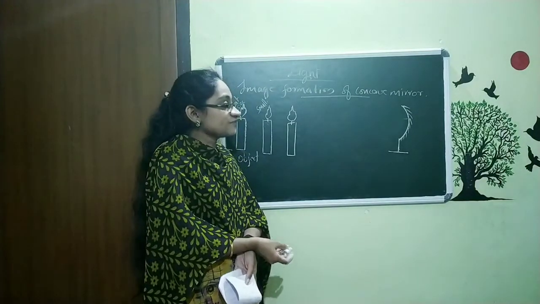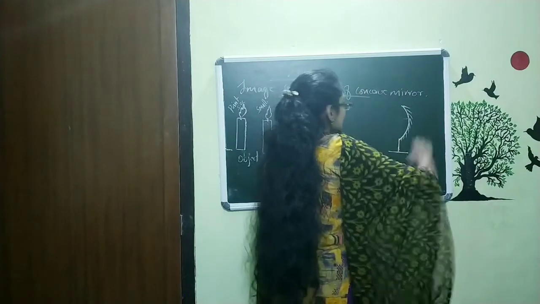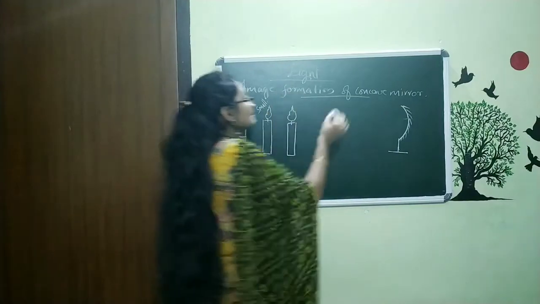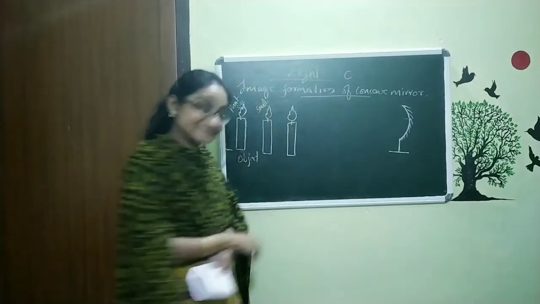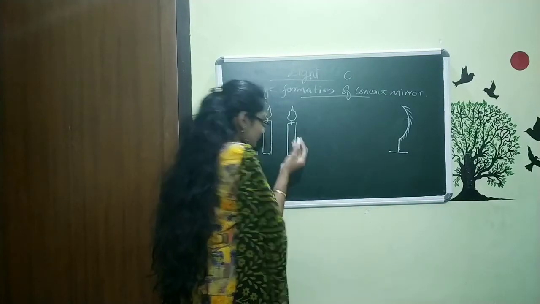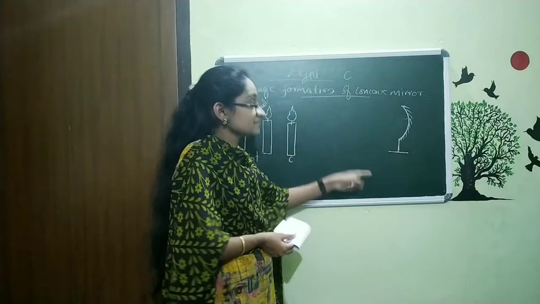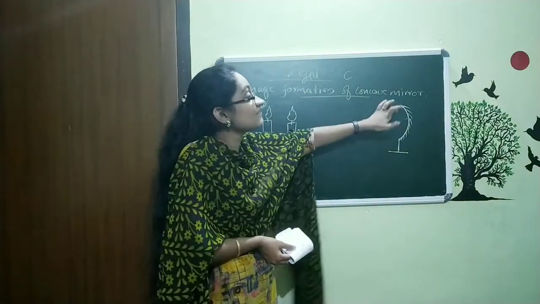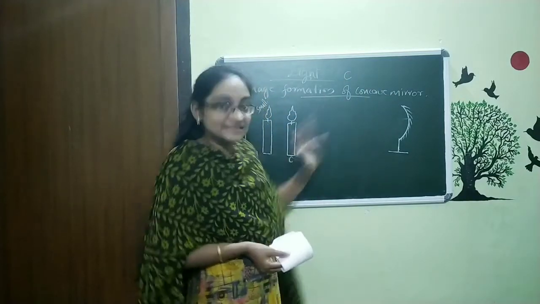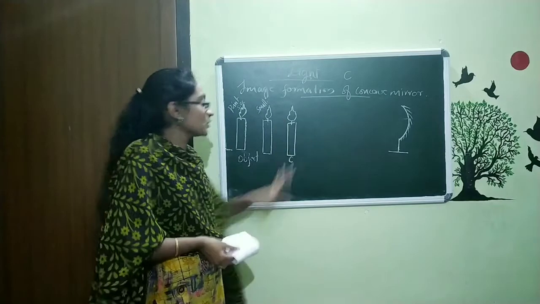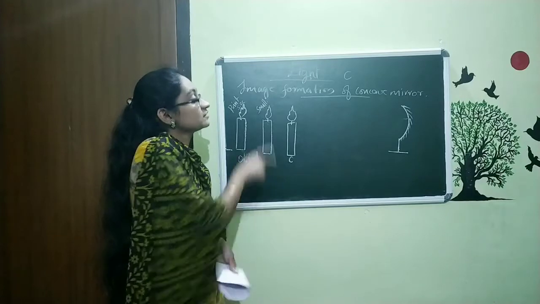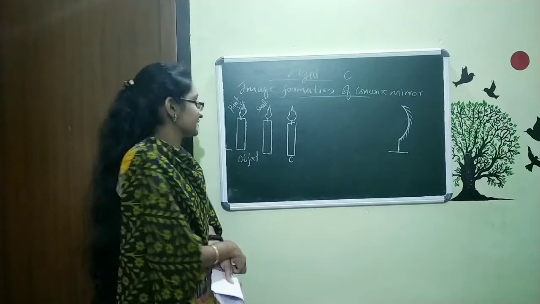I already said that for our lens or our mirror, it has a center, which we denote with capital C. Suppose our candle is there at C. For all mirrors, concave or convex, there is one center. When we complete this circle, we get a center. So suppose this is at C, what happens to our image? That is our question.